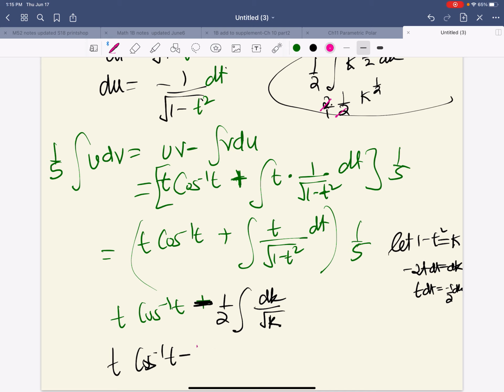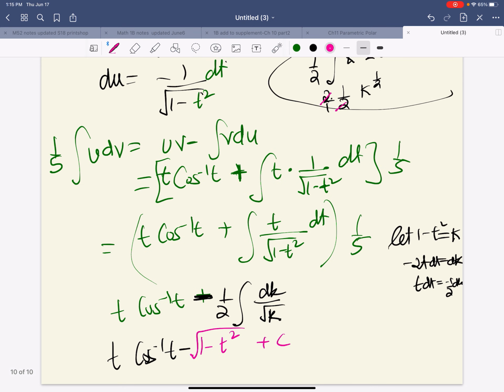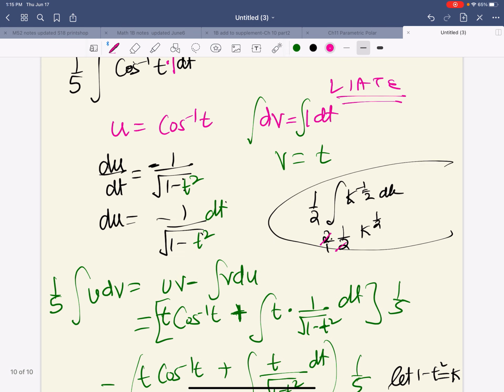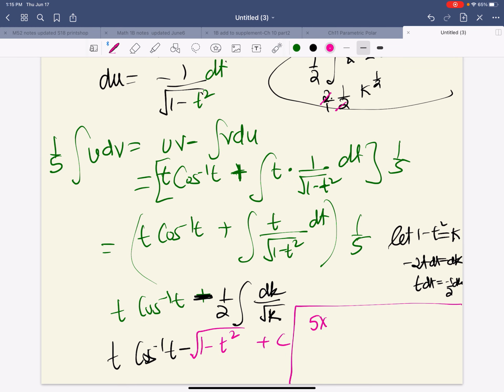So the square root of 1 minus t squared plus a c. Now it is time to go back and replace t by whatever t was in the beginning. t was 5x, right? So 5x cosine inverse 5x minus square root of 1 minus 25x squared.